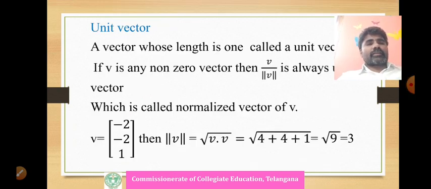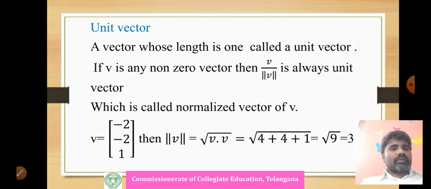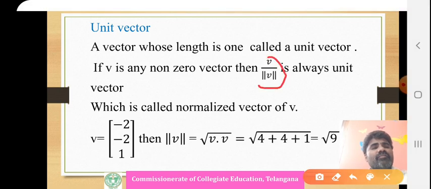And unit vector. What is a unit vector? A vector whose length is 1 is called a unit vector. Its norm is 1. Norm of u equals 1, then u is called a unit vector. And we can remember that if v is any non-zero vector, then v by norm v is always a unit vector, which is also called the normalized vector of v.